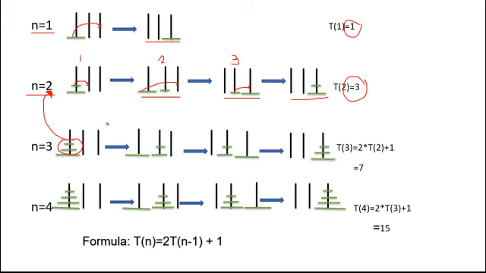So we will use this strategy in T2 to move these 2 disks to our auxiliary tower. Then our next goal is to move this one, the largest disk, to our destination tower.